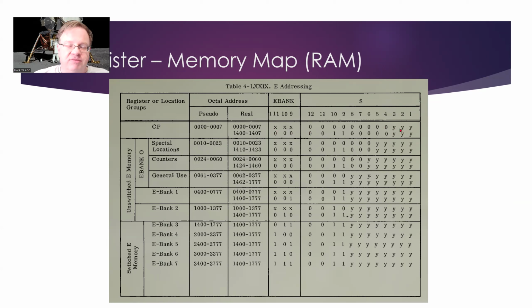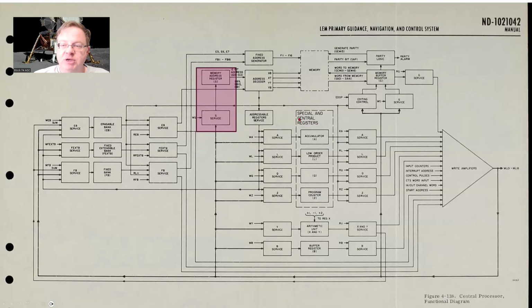As you think through, these are where the special registers are located, right? Where we can access some of our registers within the Apollo guidance computer. Those special central registers, like the A register, the L register, the Q register, and the Z register, we can access as memory.